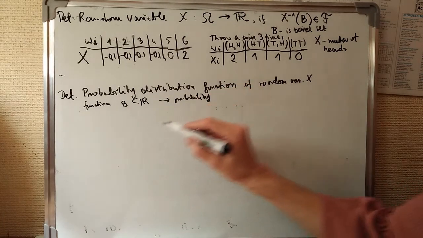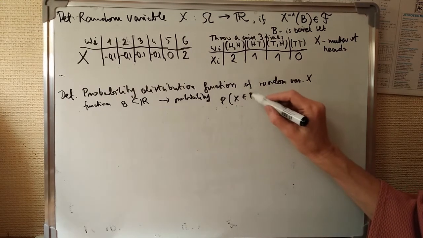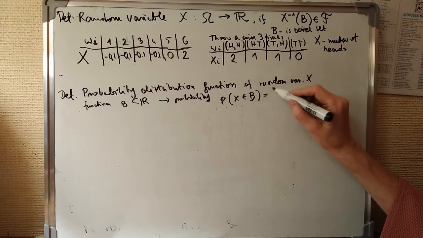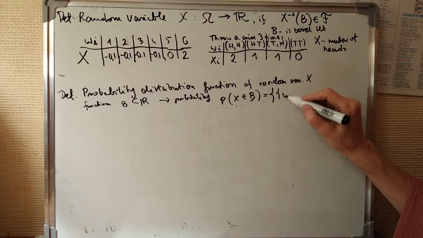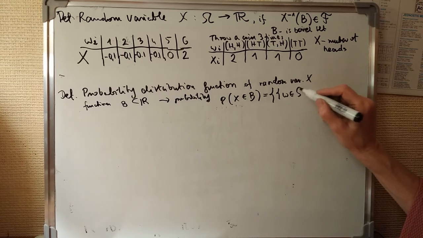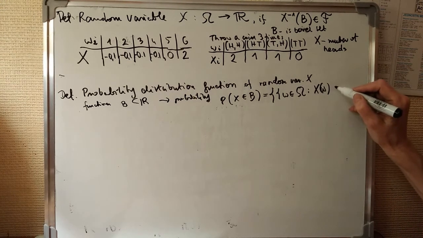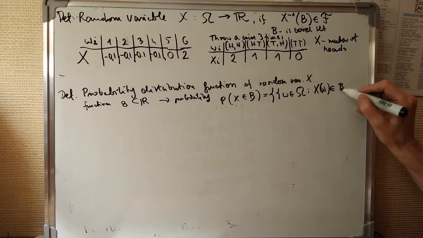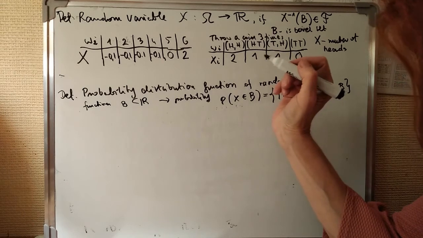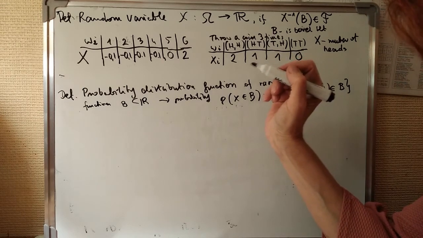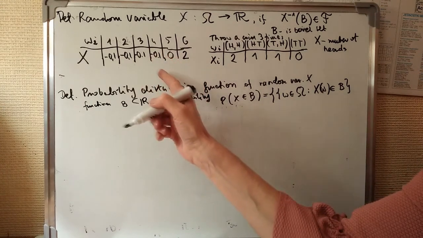Okay, let me write it down. Probability of X belonging to B is the probability of the set of all those omega in big omega such that X of omega is in B. It looks quite confusing, but let's have a look at what we have in, for example, this case.